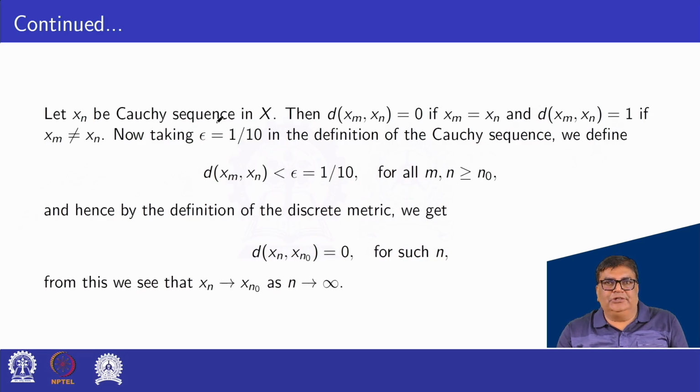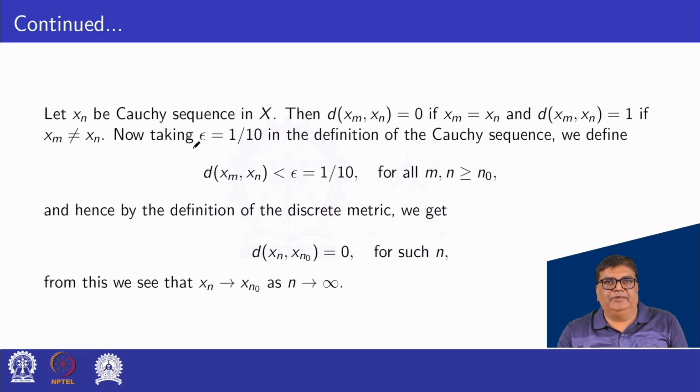Let (xn) be a Cauchy sequence in X. Then d(xm, xn) = 0 if xm = xn, and d(xm, xn) = 1 if xm ≠ xn.